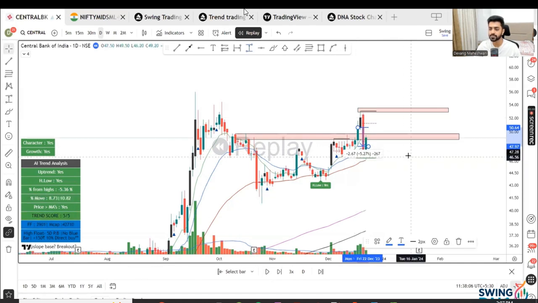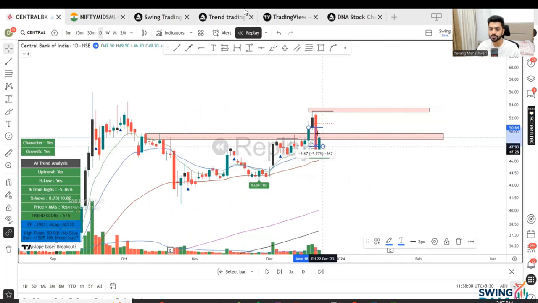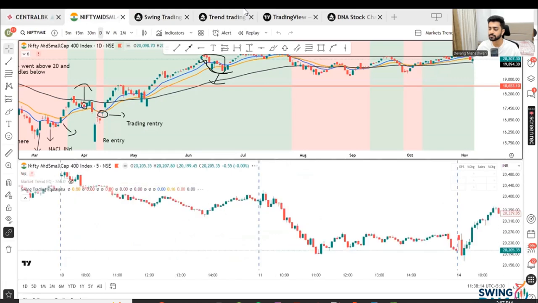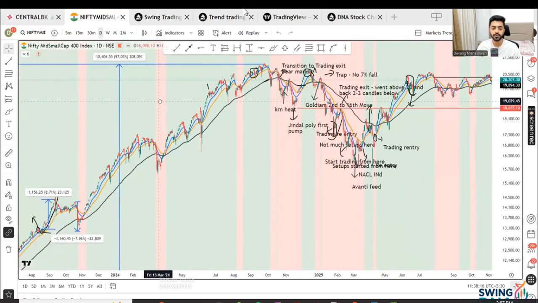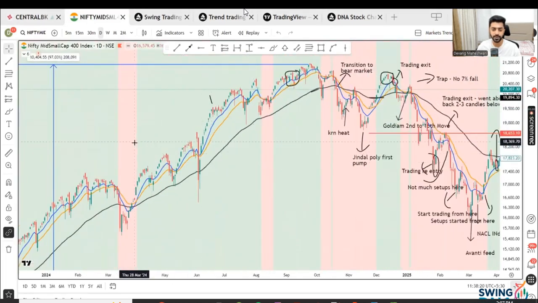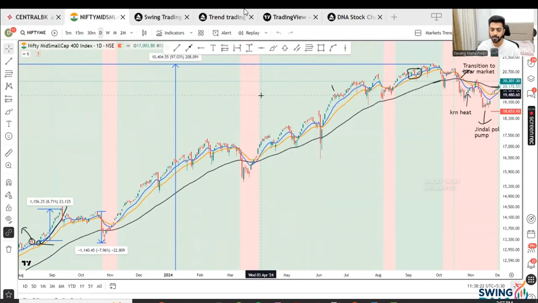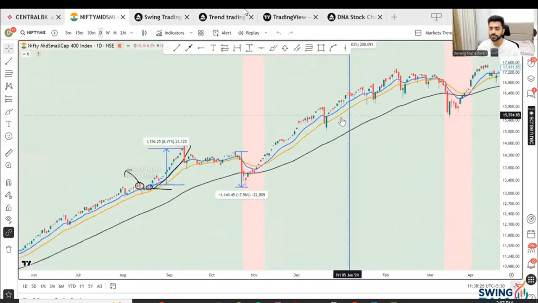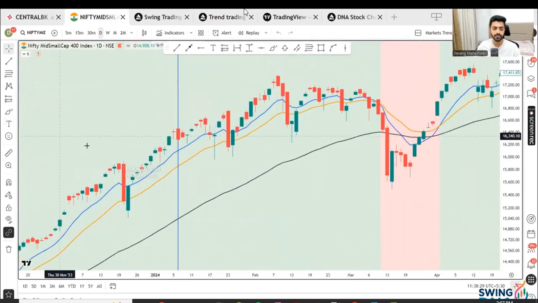But in the next session, the stop loss got hit in 1-2 sessions. Some big selling would have happened on 20th December 2023. Let's see whether it was the market or something else. Okay, see, this was 20th December 2023.